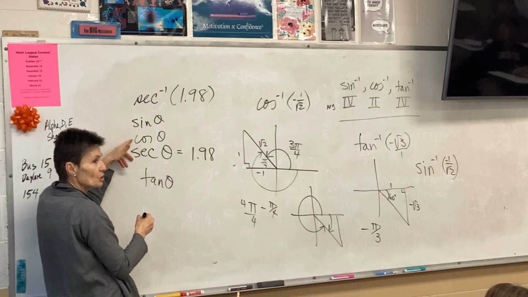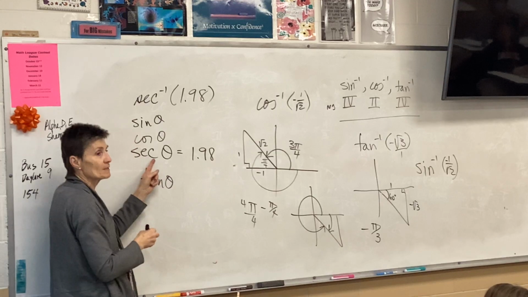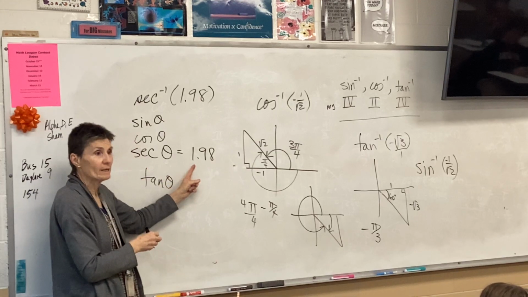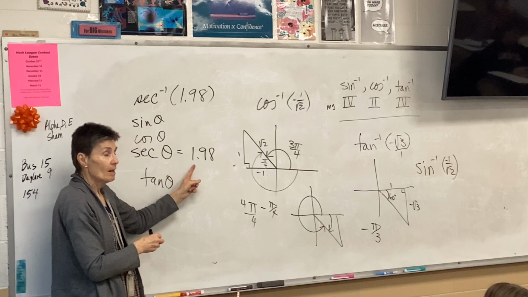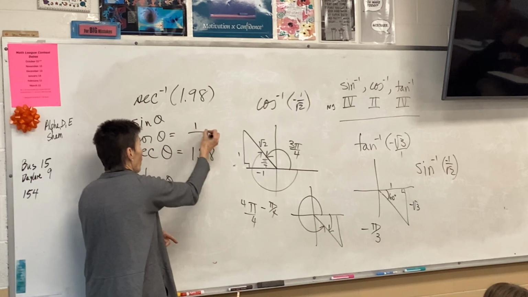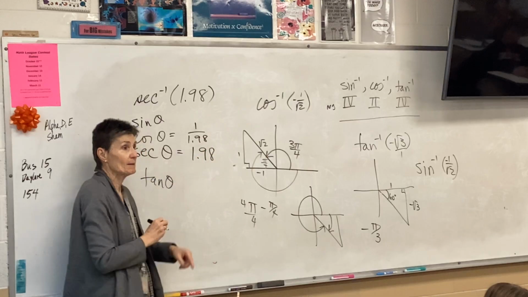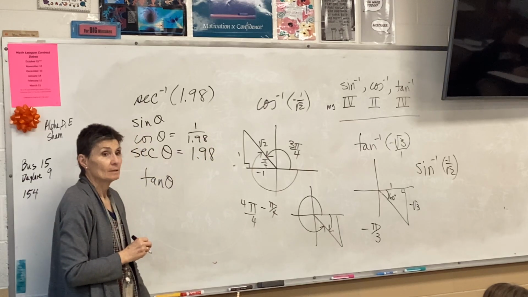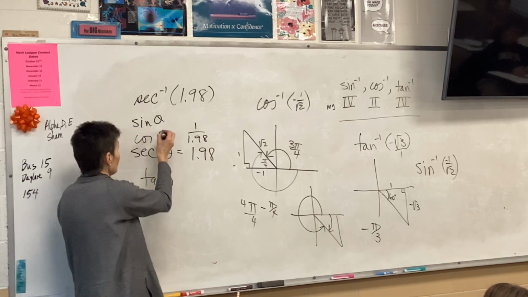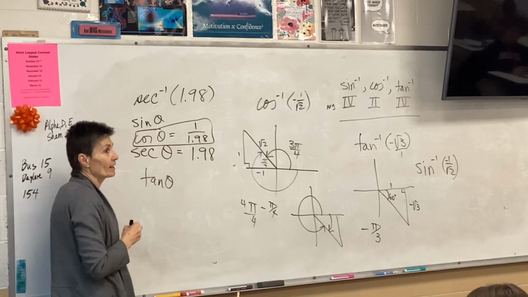What's the relationship between these two? If the secant is 1.98, then the cosine is 1 over 1.98. Does that make sense to you? Yeah. That's how you gotta think about the problem.